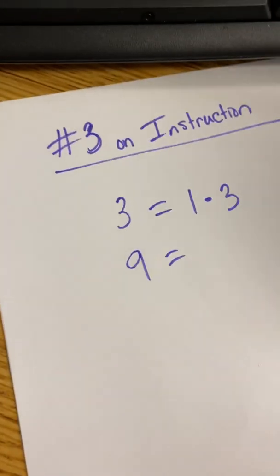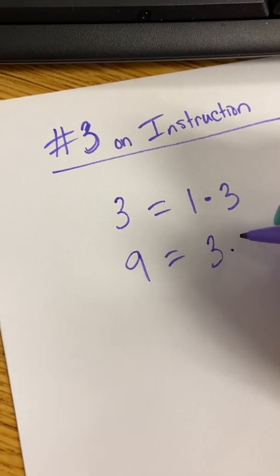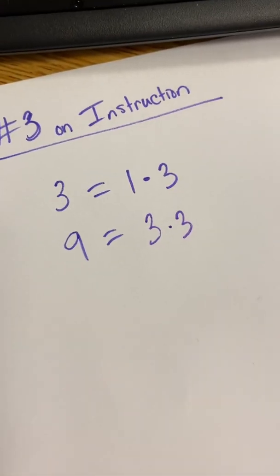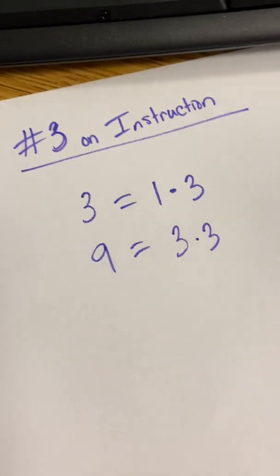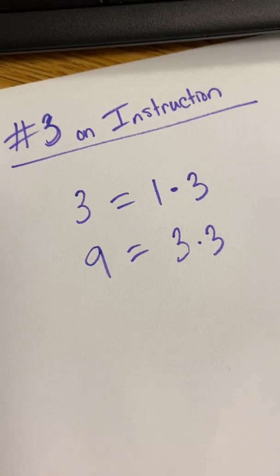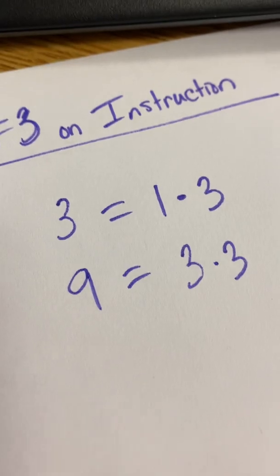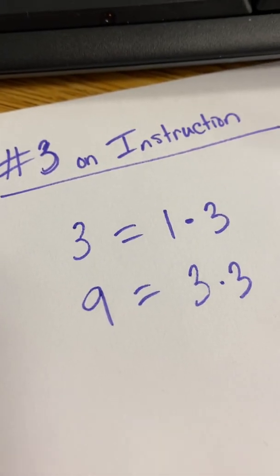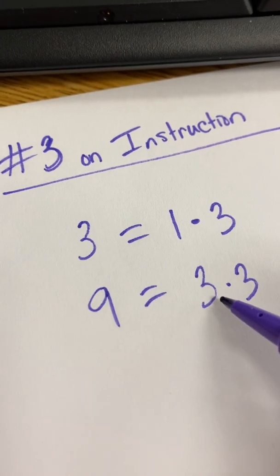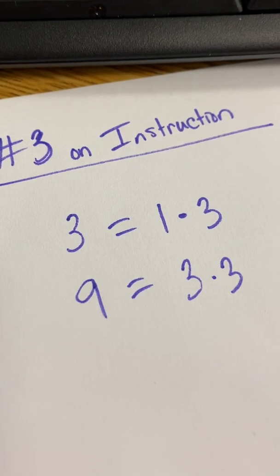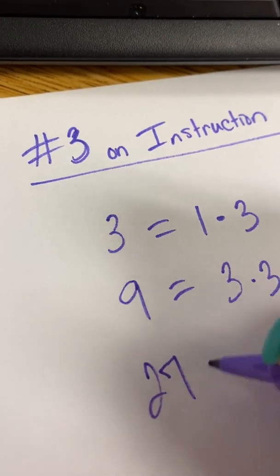Well, 9 can break into 3 times 3, but remember, this is a third root problem. And 9 is a factor of 162, but it still doesn't meet the criteria of needing to break into something that's multiplied 3 times. So now let's go to 27.